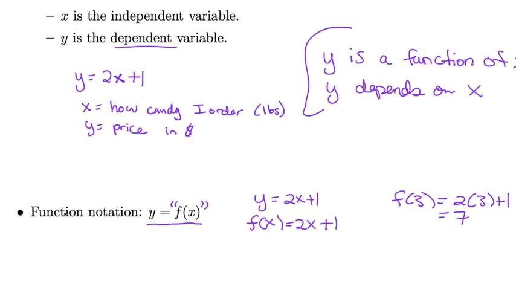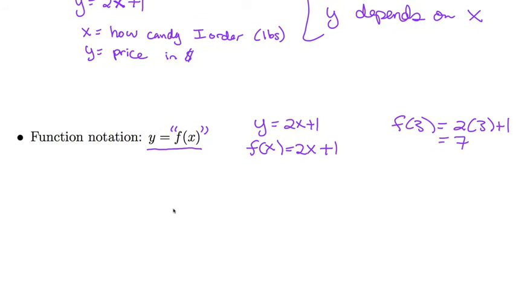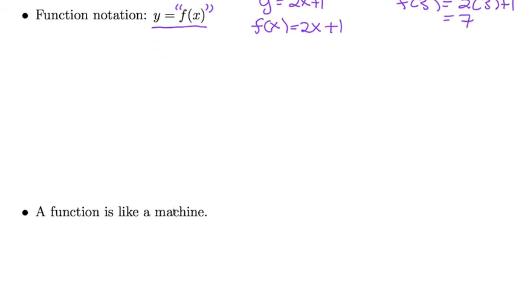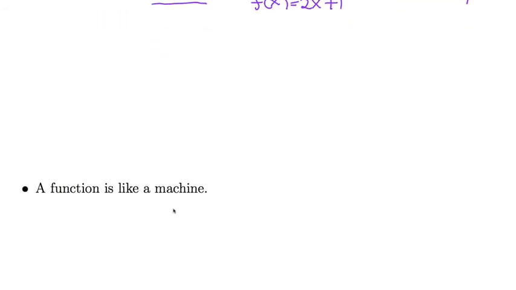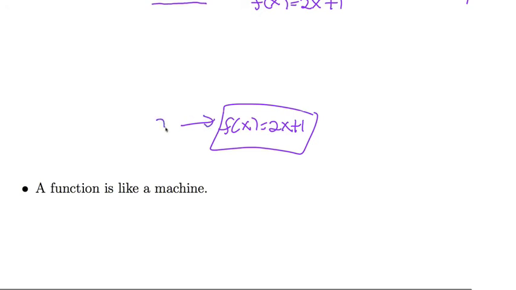It might be helpful to think of a function not only as a relationship, but as a machine. It takes an input x and gives you an output y. If I put 3 into the machine, that is f of x equals 2x plus 1, I put in 3, I get out 7. Suppose I have a different function.